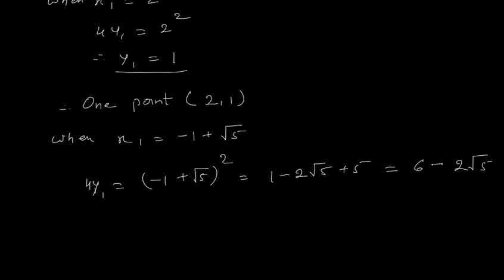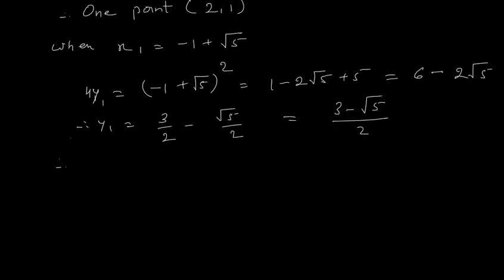This is the value of 4y1, therefore value of y1 is equals to 6 upon 4. 6 upon 4 is 3 upon 2 minus root 5 upon 2, or I will say that 3 minus root 5 whole divided by 2. So therefore one more point we get. Therefore I will say that x1 comma y1 is minus 1 plus root 5 comma 3 minus root 5 divided by 2.